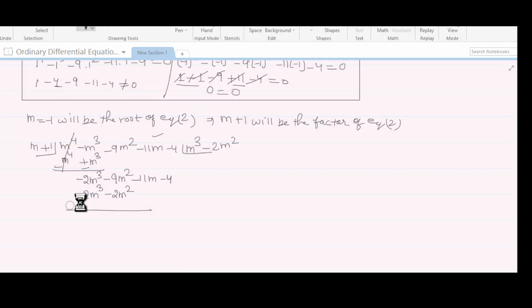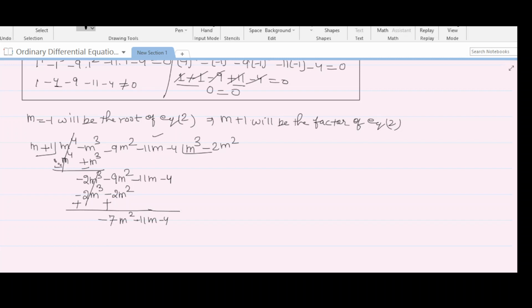So here plus plus, and then it will cancel out, and next will be minus 7m square minus 11m minus 4.